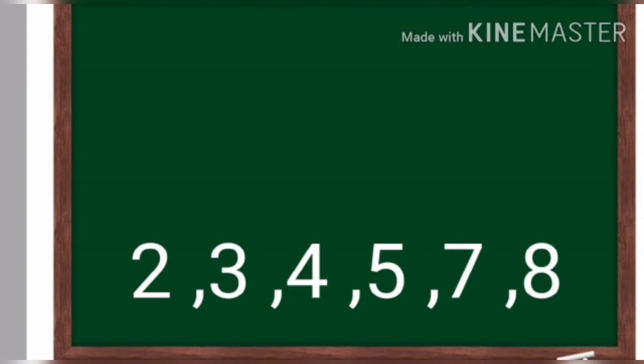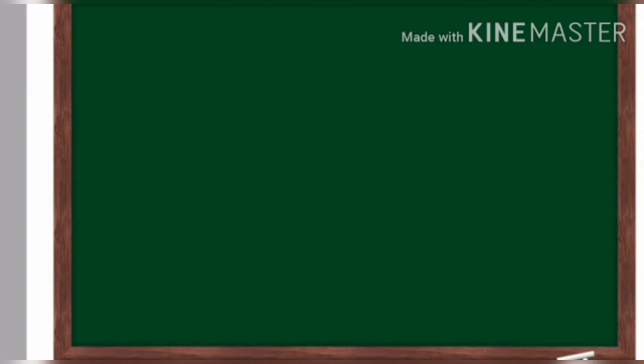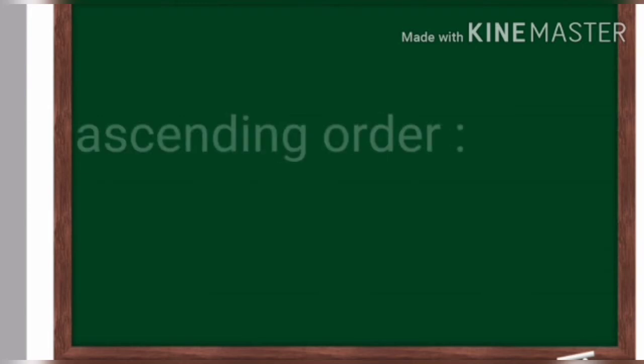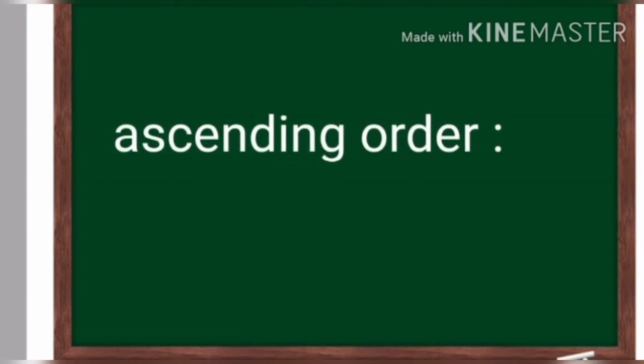Now, in the same way, we write the numbers 225, 352, 561, 833, 417, 799 in the ascending order.